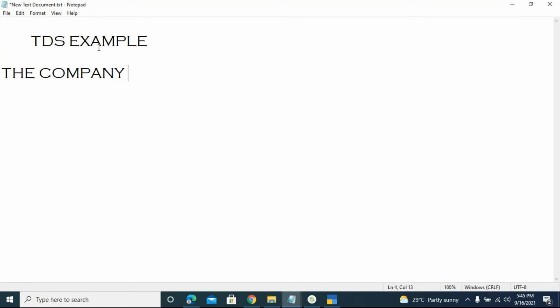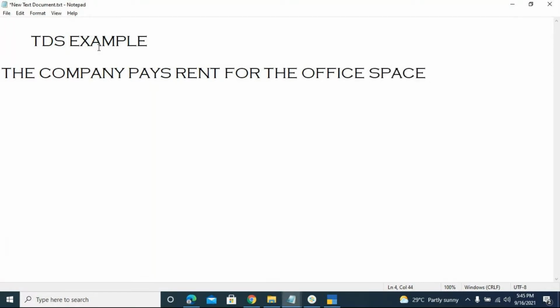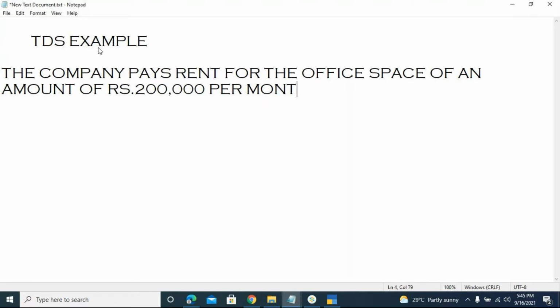The company pays rent for the office space of an amount of rupees 2 lakh per month to Arihant agencies.